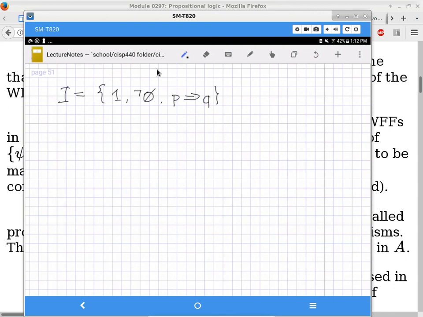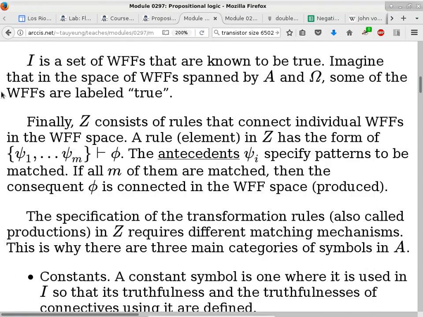So we are now down to the transformations. The transformation in zeta is in the form of this. Each element in zeta looks like this.